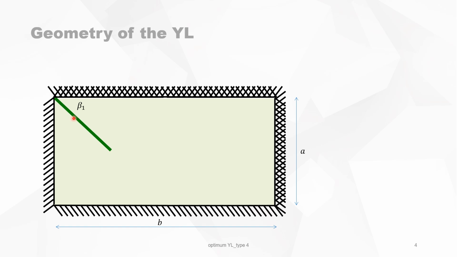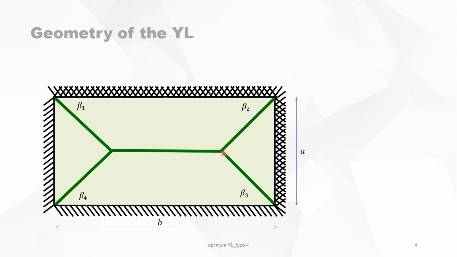We don't know yet the angle beta 1. We do that for the 4 corners, and then when two yield lines cross, we connect them to have a yield line pattern that gives rise to a possible mechanism. So all those parts of the slab can rotate around their rotation axis.